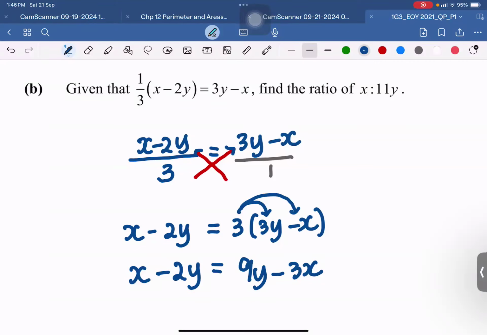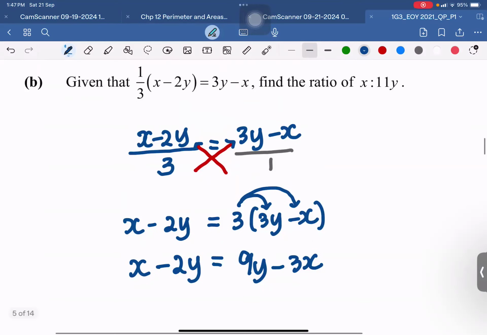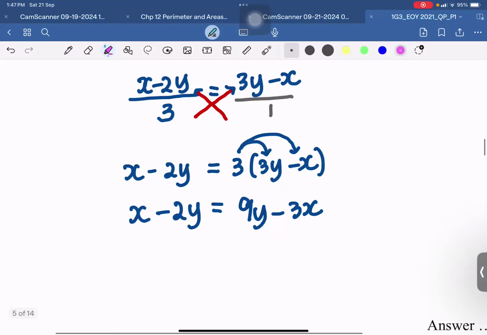Okay, so if we have this, then what do we need to do next? I want to find the ratio of x is to y, right? So I need to get all the terms with x together on one side. Fahar, can you help us to group them together? I'm going to put all the x here.